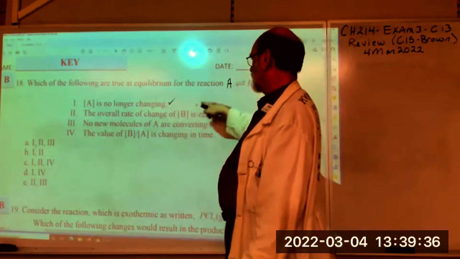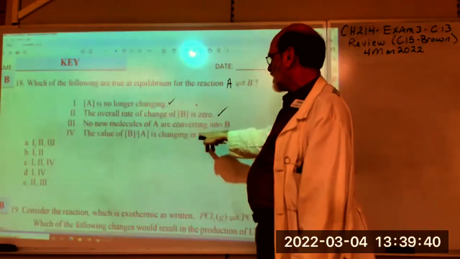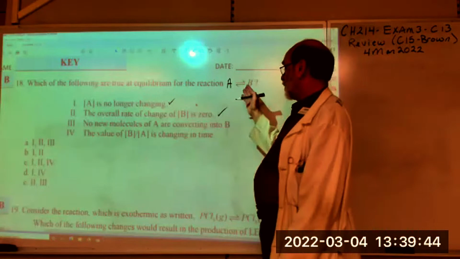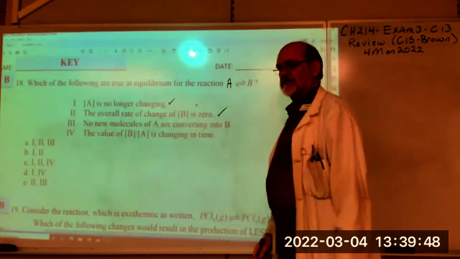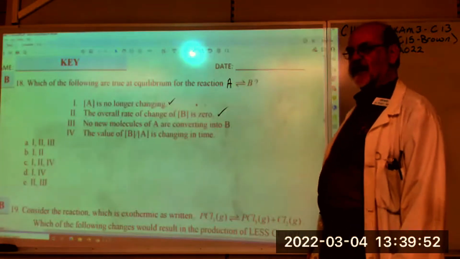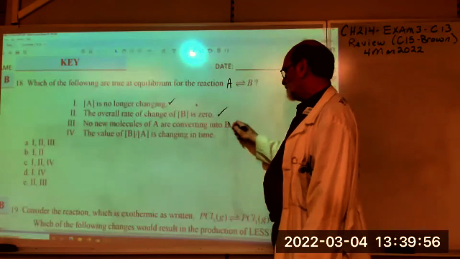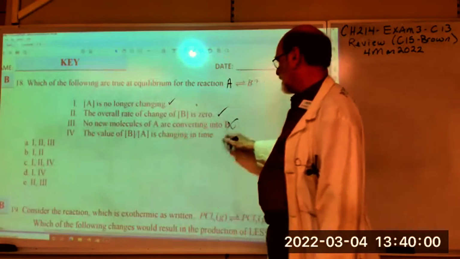Well, that's saying the same thing for B as it was for A. No new molecules of A are converting into B. Now that's false. This equilibrium is constantly changing. Like exactly right, I mean, it's furious. You can't imagine how fast these things are happening at a molecular level, right? And the value of B over A is changing in time.